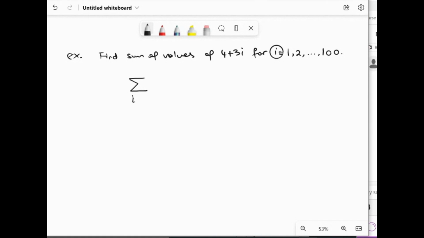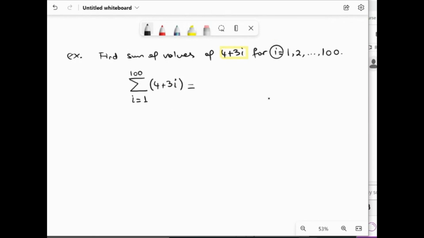Our index changing from 1 until 100. And what is the expression that we keep adding? Here we are given the expression, so we would like to add this expression for each I value. So what we are going to be putting on the right will be 4 plus 3i.